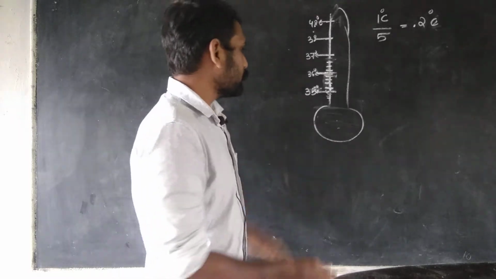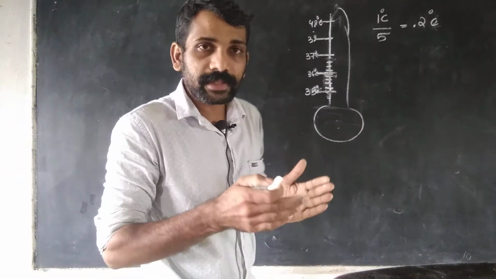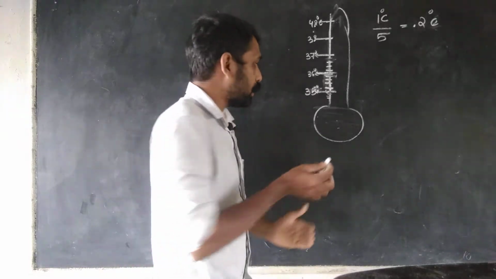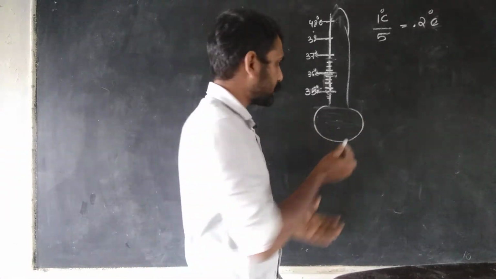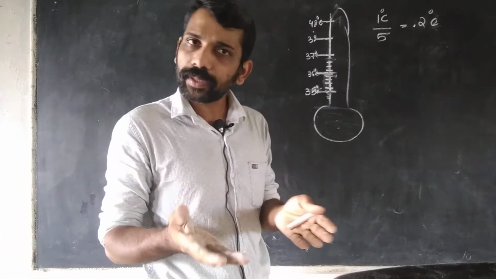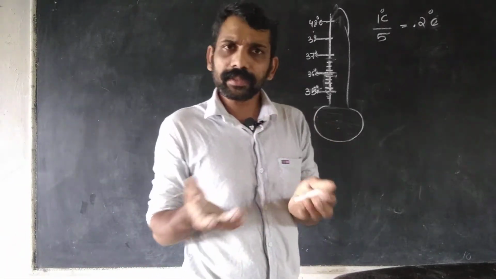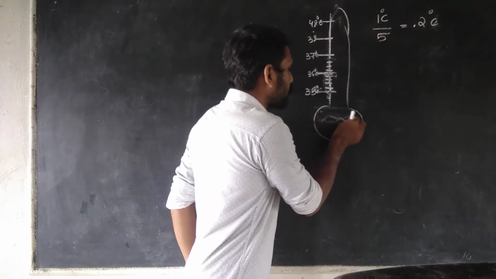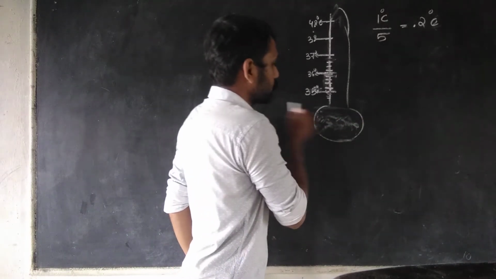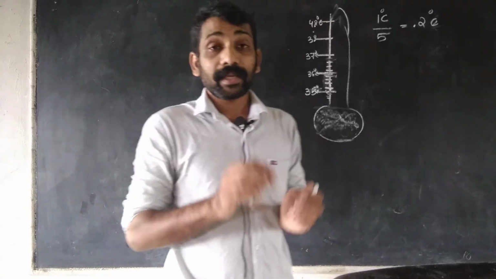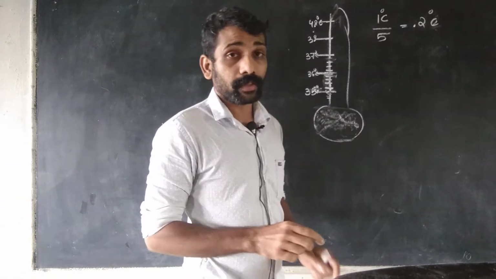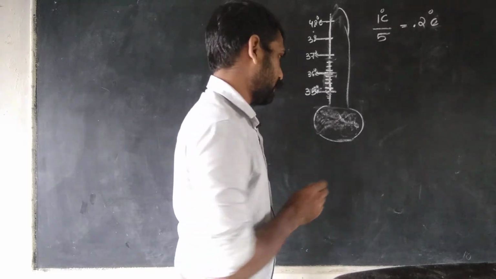Next, any thermometer, like the clinical thermometer we studied, will have a bulb at one end. It may be round shaped or sharp ended. So what does this bulb contain? The bulb contains a metal in liquid state, that is mercury.